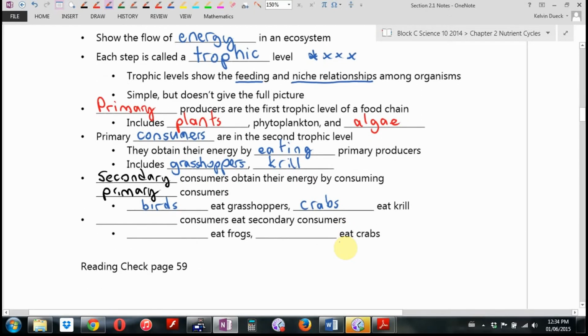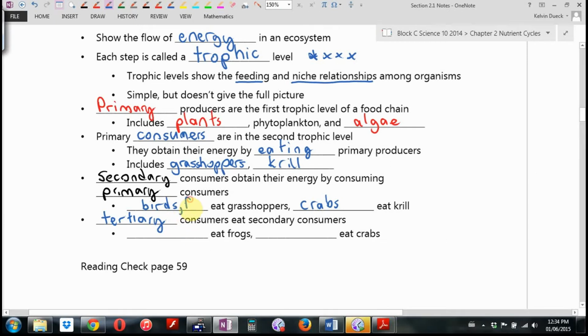What comes after secondary? Tertiary. Very nice. Tertiary consumers eat secondary consumers. Birds eat grasshoppers.